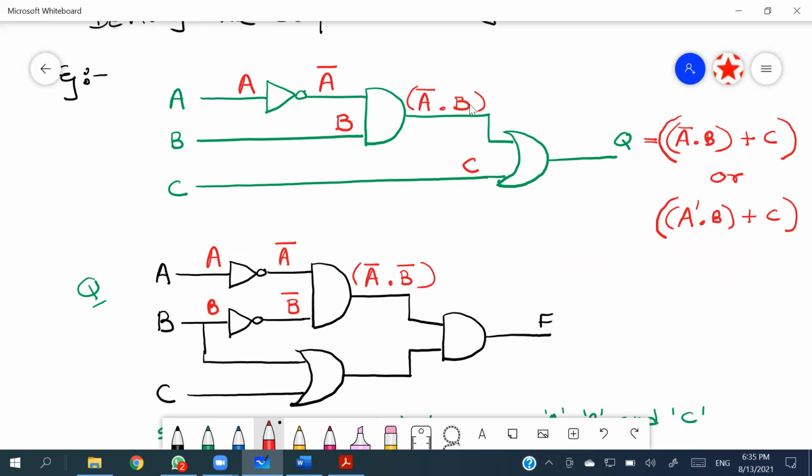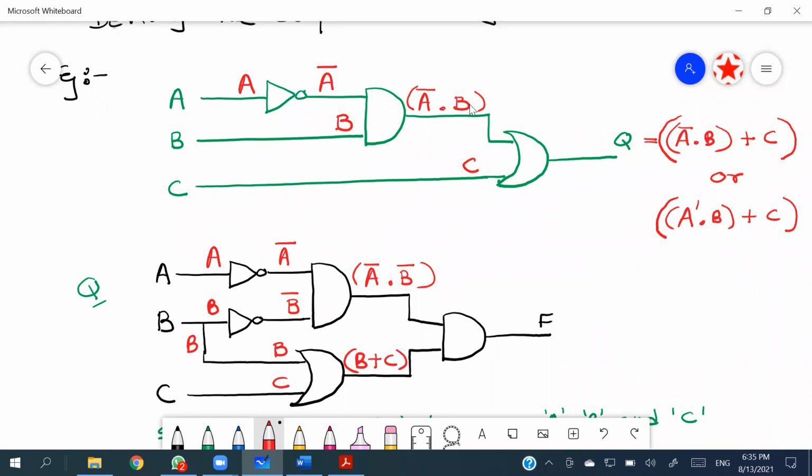Then if you think about this OR gate, here you are going to receive B, because this is connected directly to B. Then here C is going to be received over here. So it is an OR gate, so it's going to give you B plus C. Right?